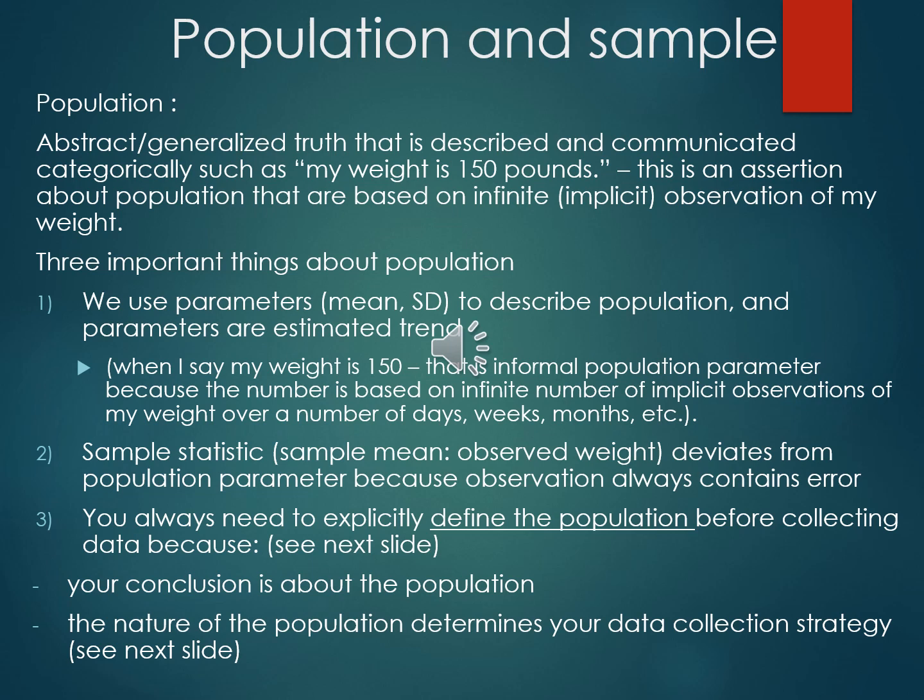So okay, the best way for you to understand the population is that the population is abstract truth, which is categorically described. This issue of population arises from our psychology, how our thinking works.